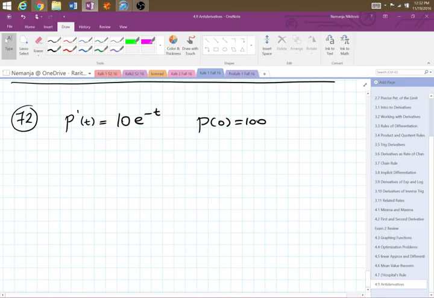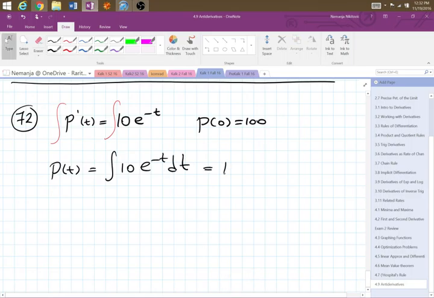So we are integrating because to go back from the derivative into our original p function, we have to integrate both sides. The left-hand side will just give me p of t, right? It loses the derivative part. And on the right-hand side, I have to integrate 10 e to the negative t dt.